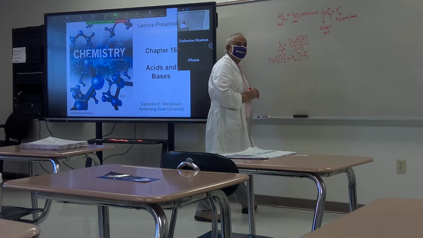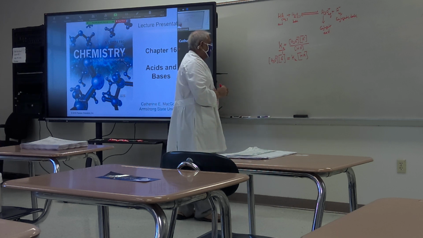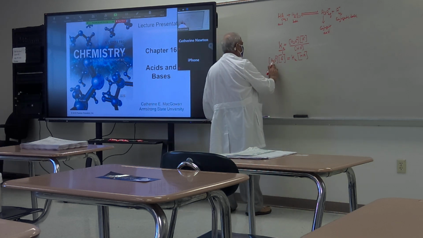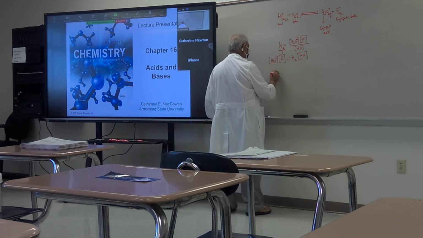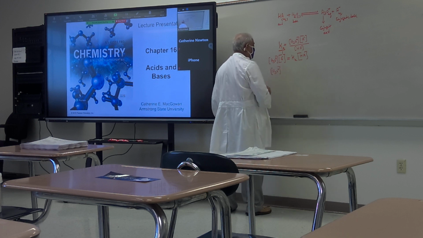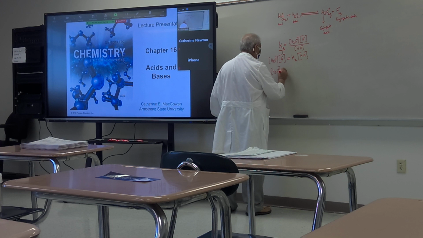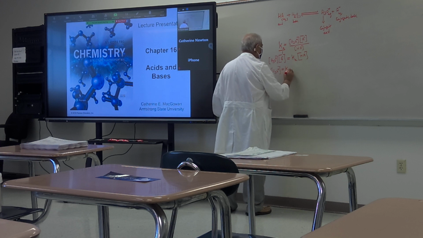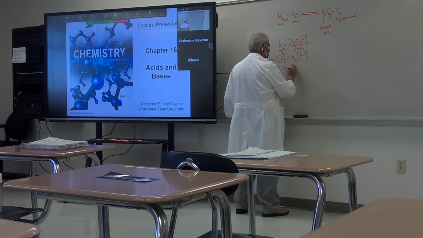Right? Now what we want is this hydronium ion concentration, because in order to calculate the pH we need the hydronium ion concentration, which is equal to Ka, and I will write HA over the conjugate base.